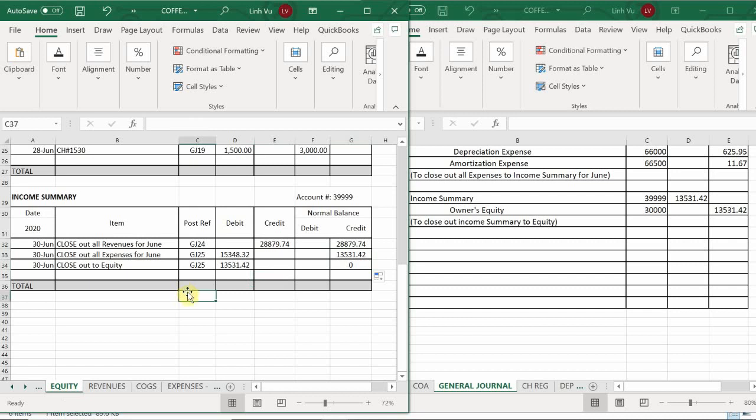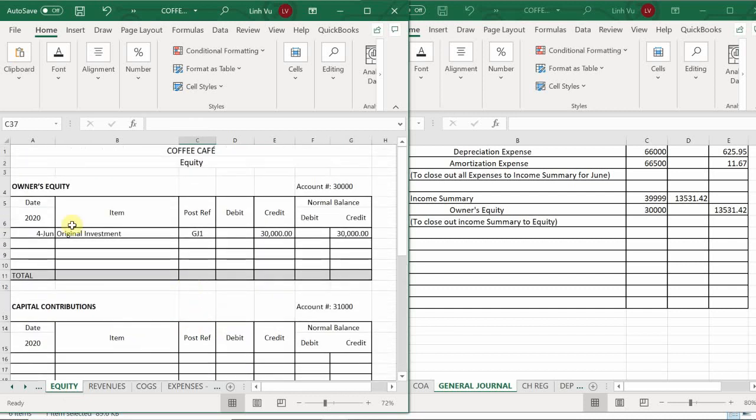So by doing so, we're going to debit the account, and then we're going to credit our owner's equity. I just wrote income summary.